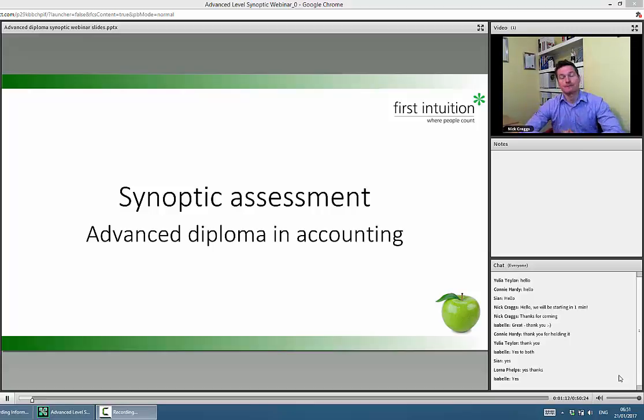Now, in real world speak, what that means is for a qualification to be qualifying for funding, which makes the AAT an awful lot of money, it must have one of these exams that come at the end of the course that test everything. It is something that I think employers do actually like, and it's something I quite like as well, but that is the reason why it came in.